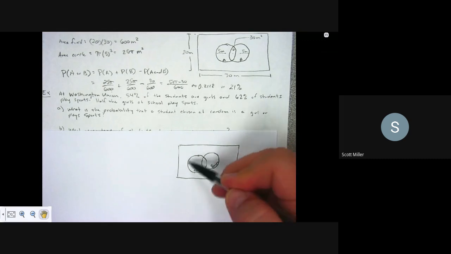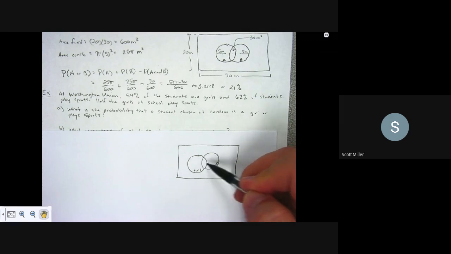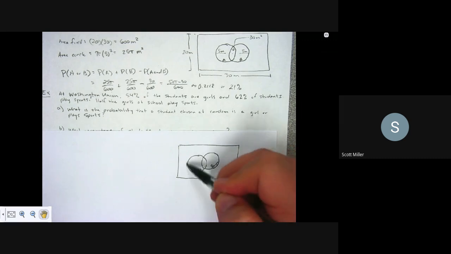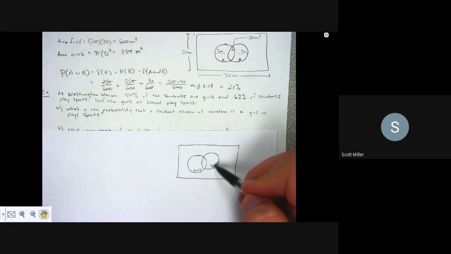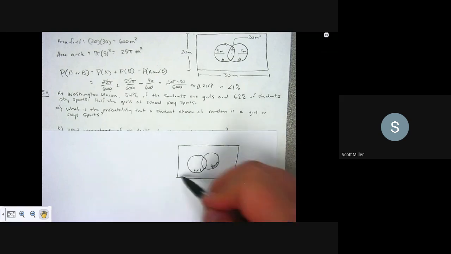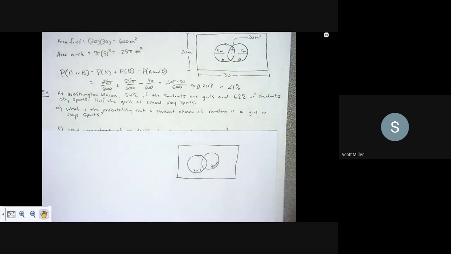This is girls. So this piece over here, that's not the overlap part. In the sports realm, these are all the boys who play sports. Remember, these are all the girls. These are just the boys who play sports. So everything out here would be pretty much just the boys who don't play sports.